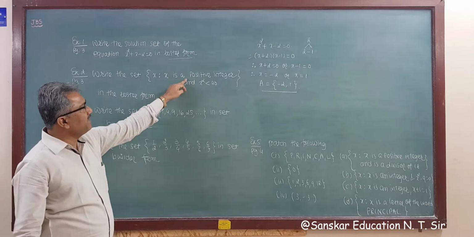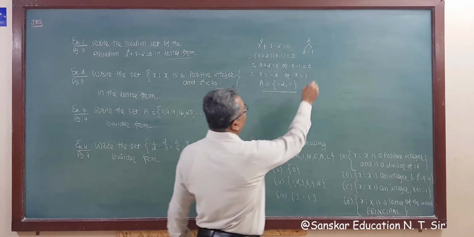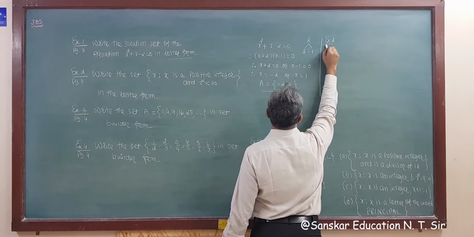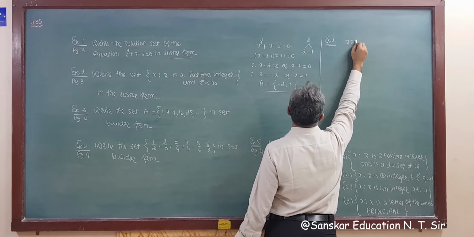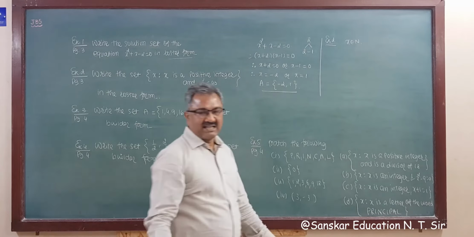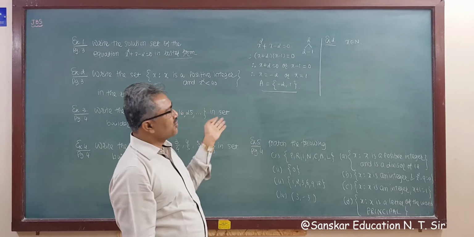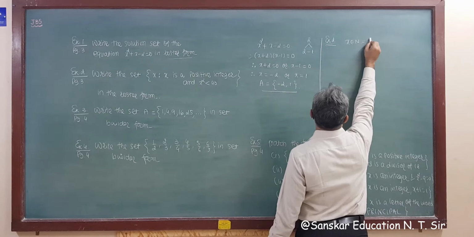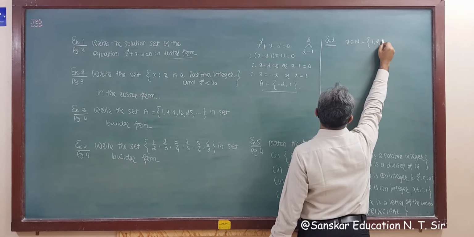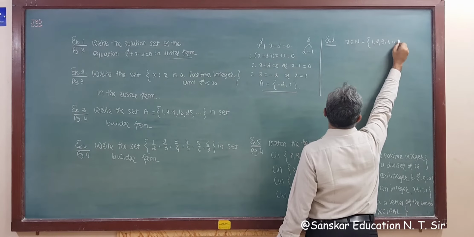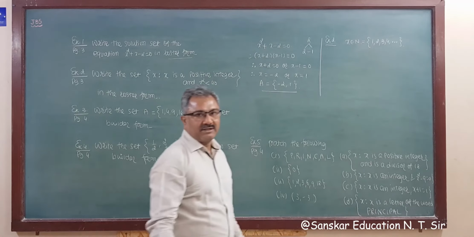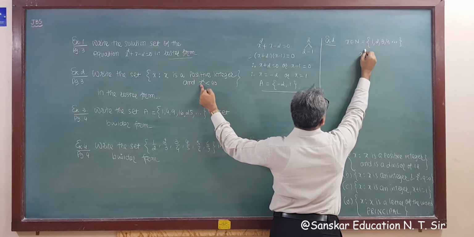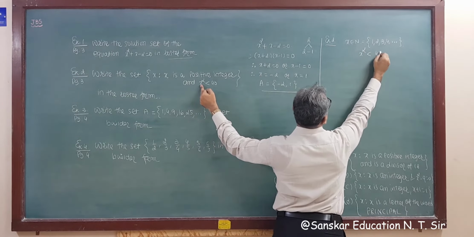Positive integer means x belongs to N. And you know in N there are numbers 1, 2, 3, 4 up to n terms, right? Here it is given that x square is less than 40.